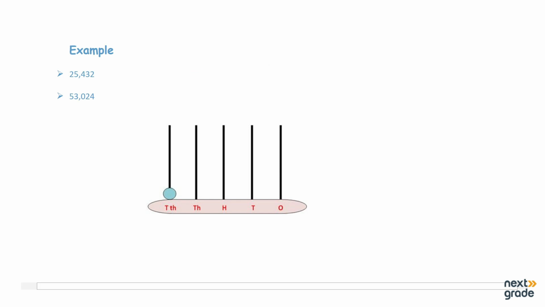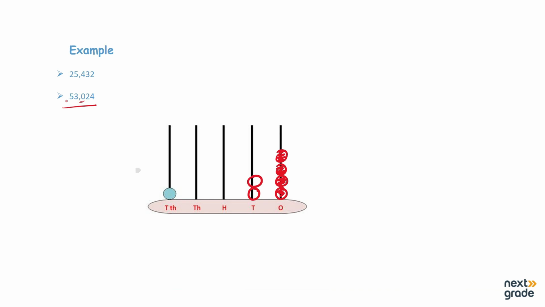Let's look at the other example, that is 53,024. Remember, 0 indicates that there is no value of 100 at this time. So let's start putting the numbers in the abacus, right? So 4 is at the ones place. That means we're going to draw 4 beads over here. At the tens place there is 2, so we are going to draw 2 beads over here.